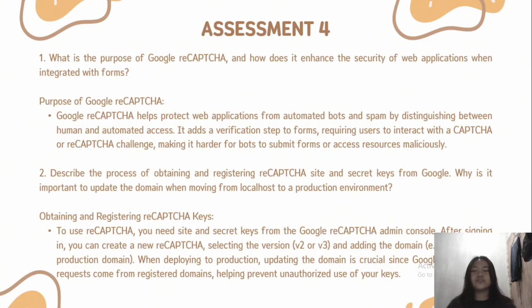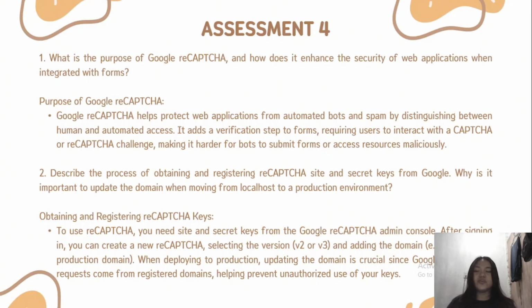Number 2, describe the process of obtaining and registering reCAPTCHA site and secret keys from Google. Why is it important to update the domain when moving from localhost to a production environment? Obtaining and registering reCAPTCHA keys. To use reCAPTCHA, you need site and secret keys from the Google reCAPTCHA admin console.